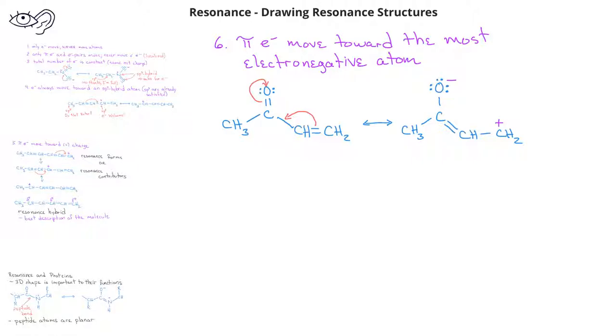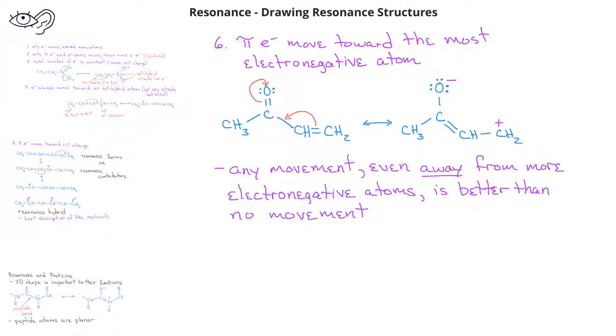However, a corollary to this rule is that if it's not possible to move electrons toward the most electronegative atom, then it is sufficient to move electrons away from the most electronegative atom, because any movement of electrons is better than no movement, because electron delocalization makes a molecule more stable, as we'll see in a later video.